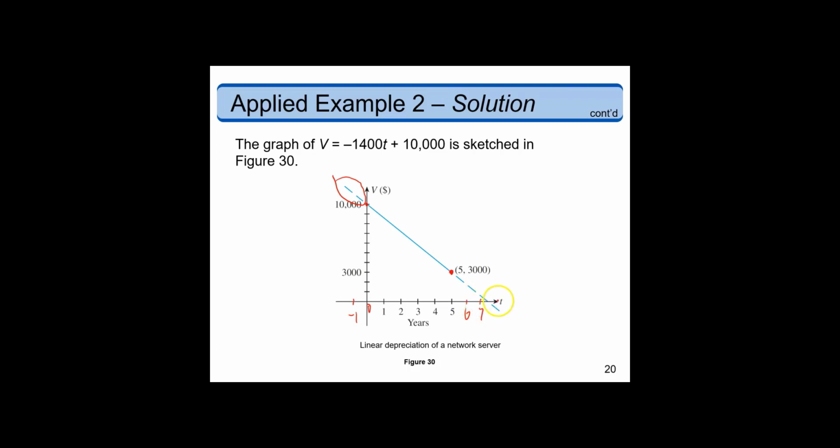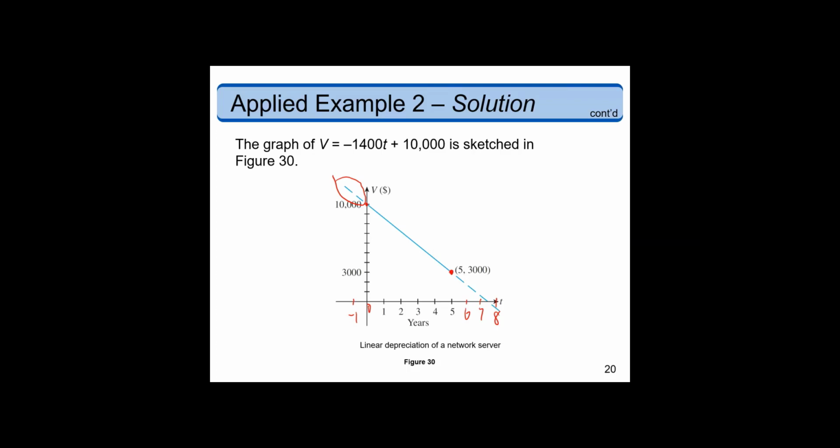Between 7 and 8 years, the value of the machine will depreciate to $0. That's another part of the story here: eventually the machine will have a value of 0 after the full depreciation.